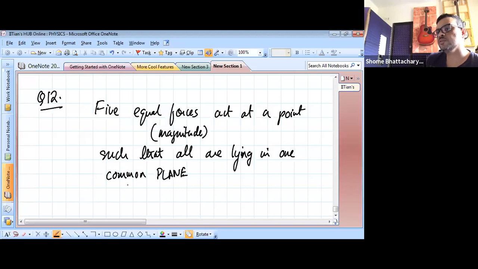That is normally what we call in vector algebra coplanar. All 5 vectors, or all 5 force vectors, are coplanar.